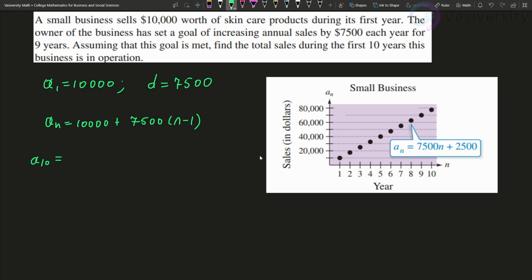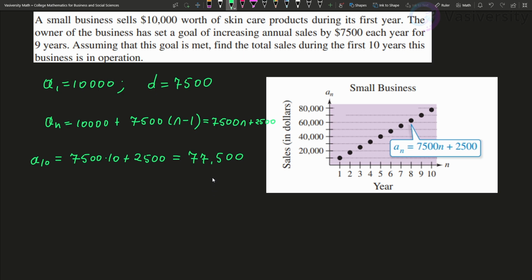We can also rewrite that, if we distribute 7,500, as 7,500n plus 2,500. Okay, so a sub 10 is going to be 7,500 times 10 plus 2,500, which will give us $77,500.